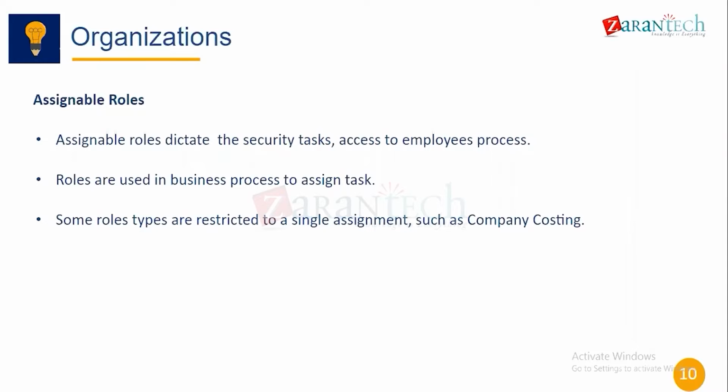Some role types are restricted to a single assignment, such as company and costing. That is how we can restrict it. If you have the specific role assigned to your organization, then you can perform some activity. If not, then you will not be able to perform any activity over your organization. We have just created the organizations, and how to assign the roles we will do today.